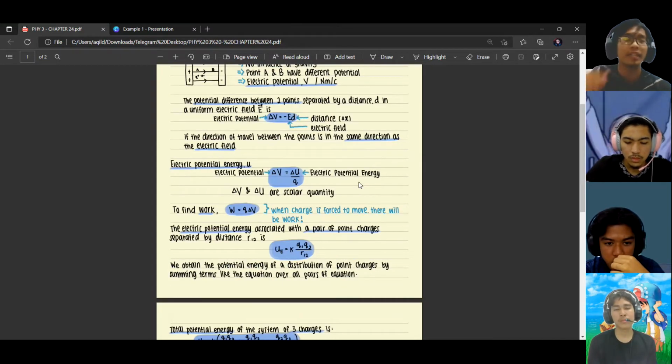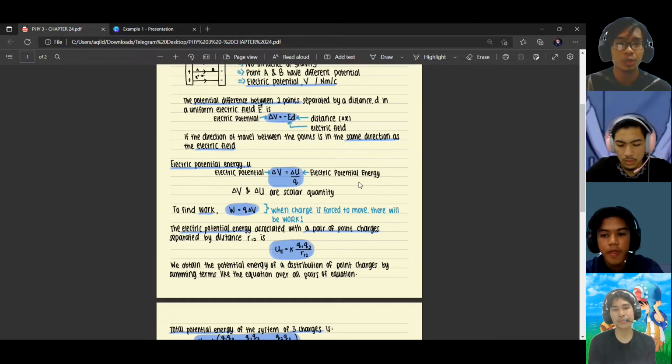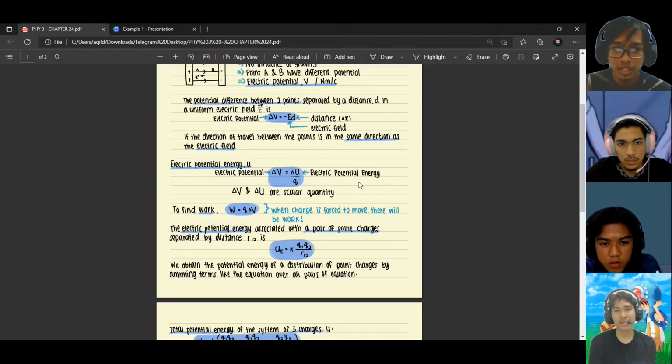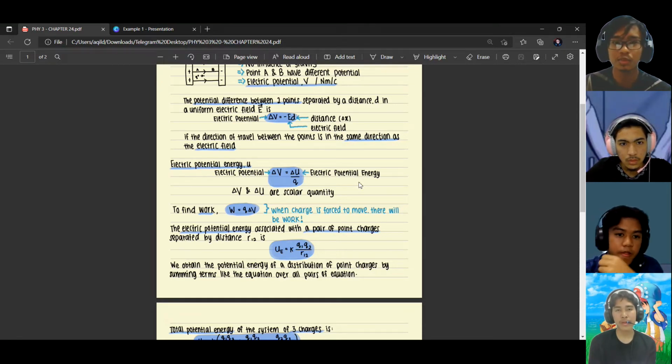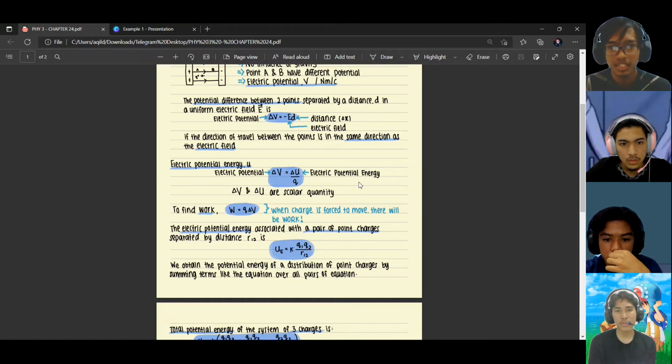Okay. Electric potential energy, the symbol is U. The electric potential can be defined as delta V equal to delta U over q. Delta V is electric potential, delta U is electric potential energy, and q is charge.